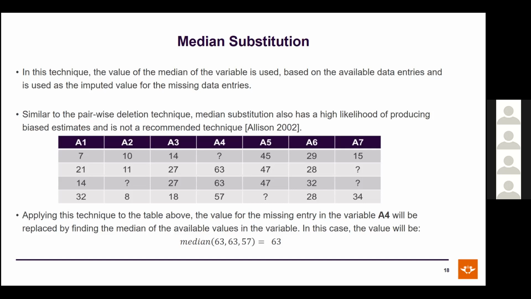Does using 24.5 as the missing information make sense? That's a question you ask yourself again, looking at what is actually available. Does 24.5 make sense when there's 15 and 34 available? So that's the median substitution.